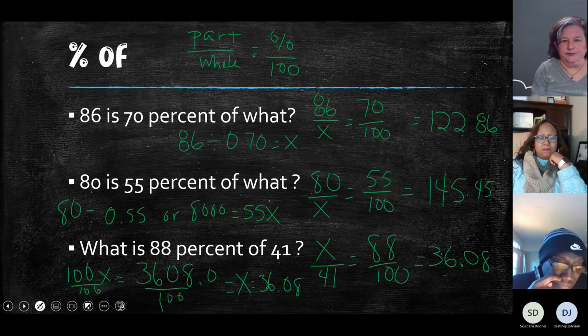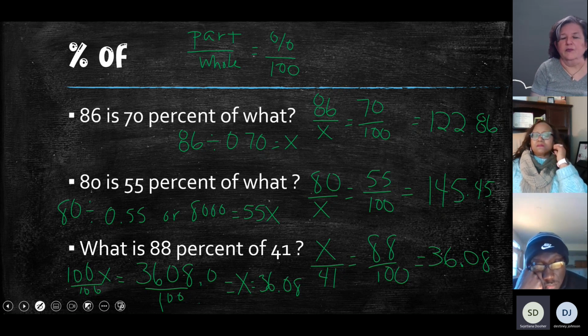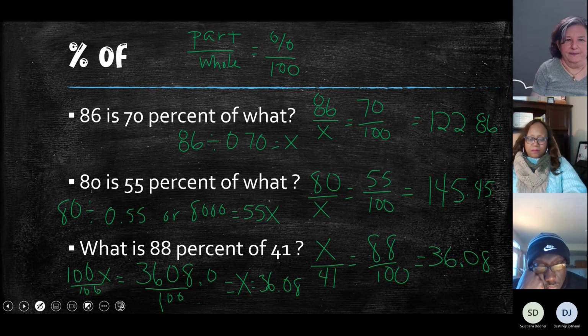Whole is correct. And then it's 70 over 100. And the last one, what is 88% of 41? It means I have a whole, the part is x, and then I plug in 88 over 100. Yes, the wording is absolutely important when I'm reading.